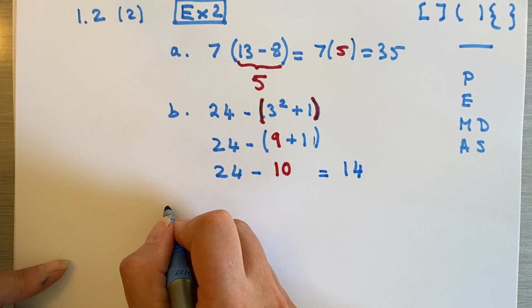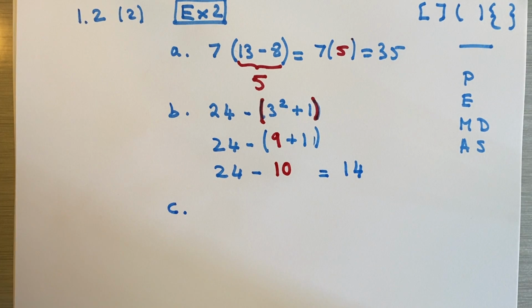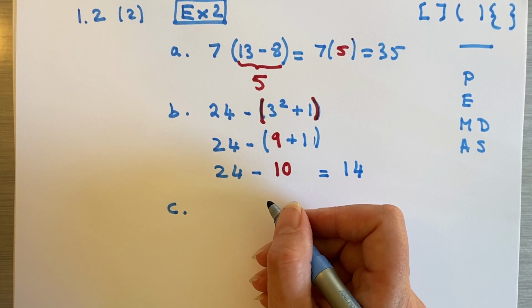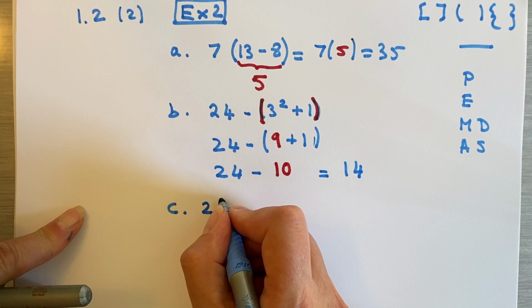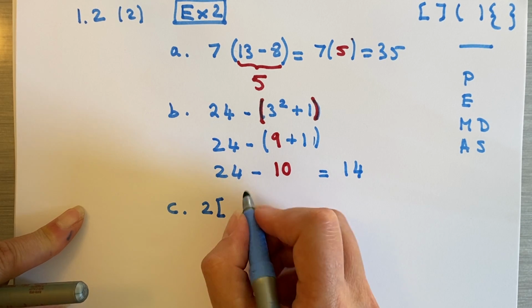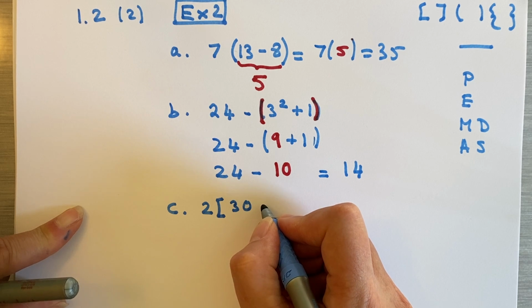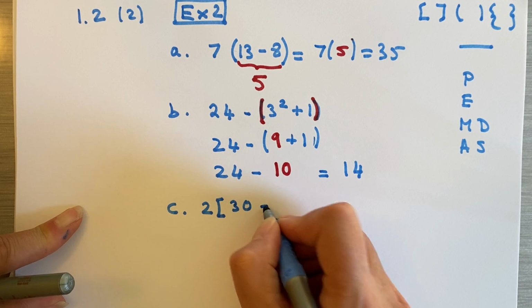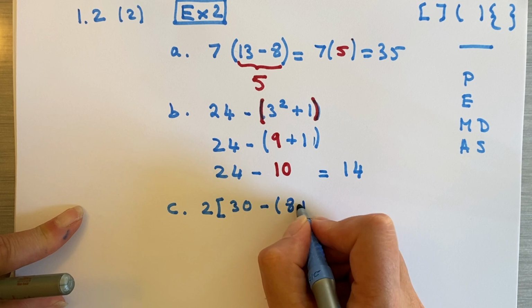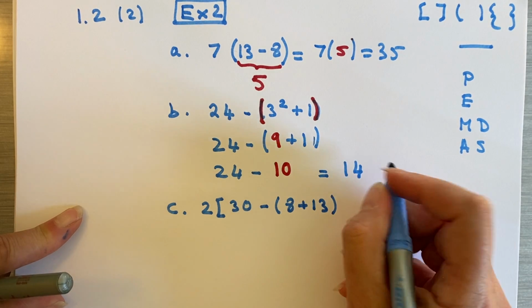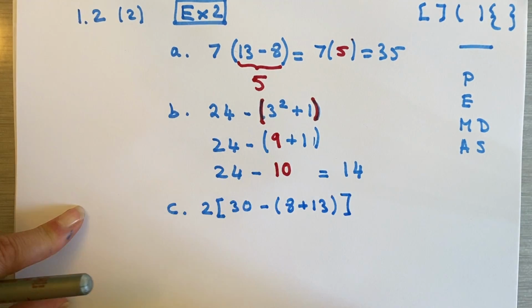Let's look at one more before we now use it to evaluate using expressions. Here, they're going to give you 2 sets of grouping symbols to evaluate. So 2 bracket 30 minus parentheses 8 plus 13 and another bracket.